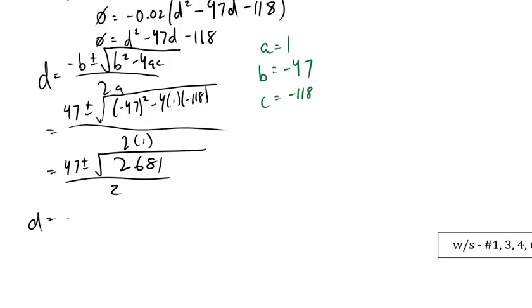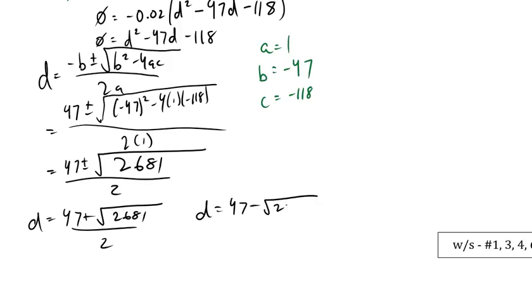And so I get d equals 47 plus the square root of 2681 over 2, or d equals 47 minus the square root of 2681 over 2. And let's try these. I got 49.39, and the minus is negative 2.39.